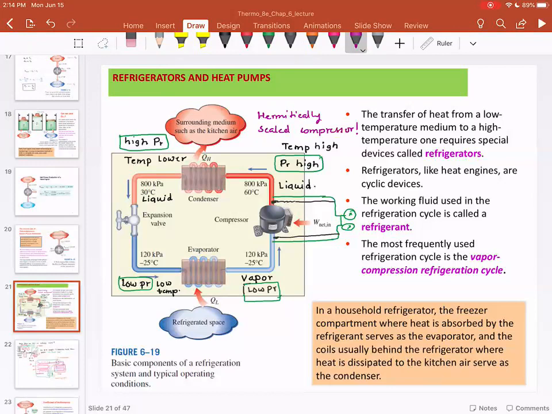So if you take an air conditioning and refrigeration class, we will talk in a lot more detail about different types of air conditioning systems. So there is the vapor compression system.